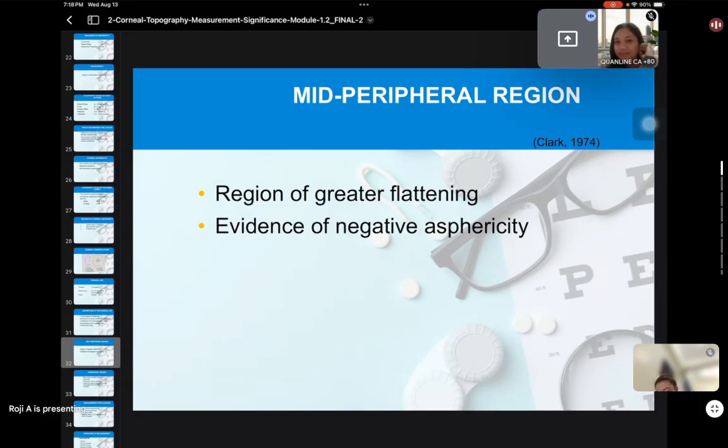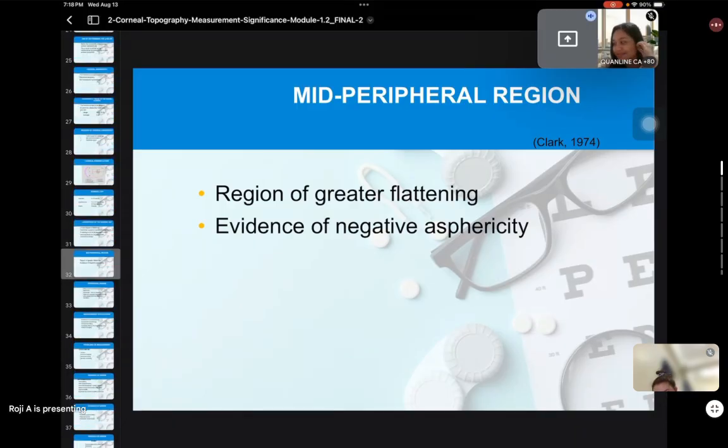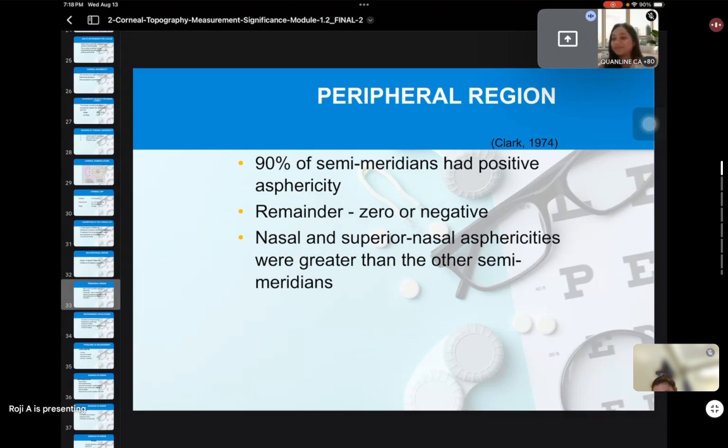In the evidence of negative asphericity, there you go. That's your mid-peripheral region. So, if we're talking about the peripheral region, okay, 90% of semi-meridians have positive asphericity.